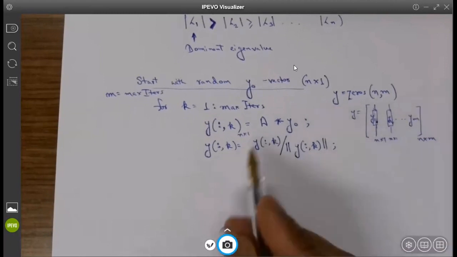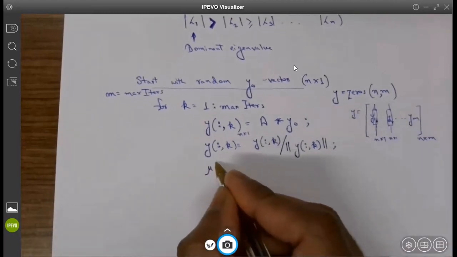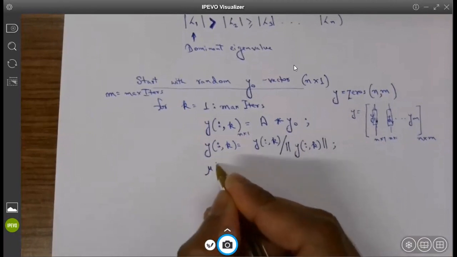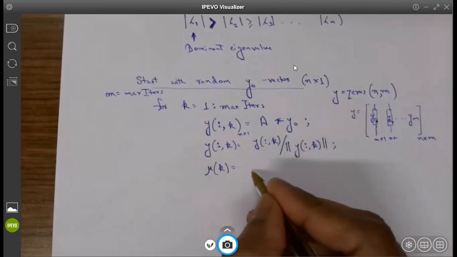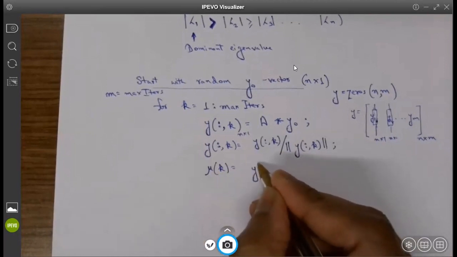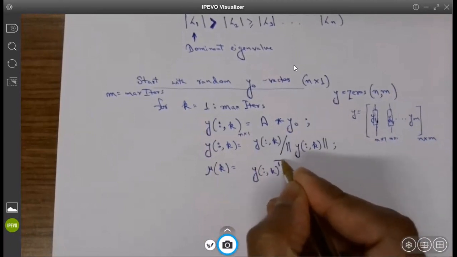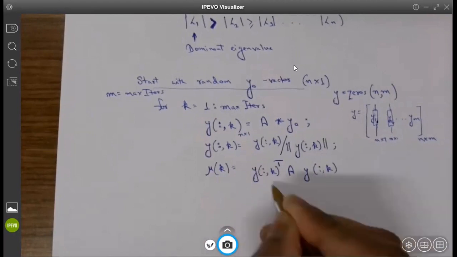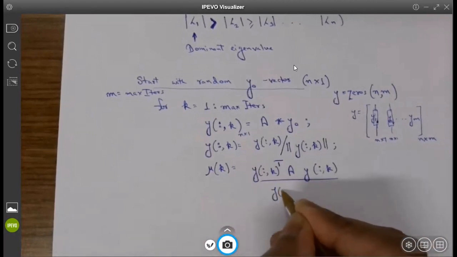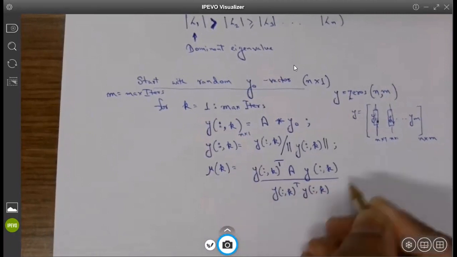Yeah. So then what we actually do is we calculate the eigenvalue mu for the kth iteration, and that is given by y colon comma k transpose A matrix y colon comma k divided by y colon comma k transpose y colon comma k.